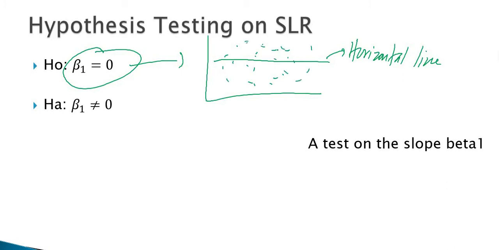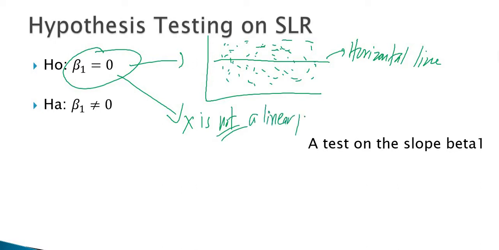There's no direction going on. That's why we cannot have any strength at all. So there's no relationship at all because we cannot determine the strength, we cannot determine direction.